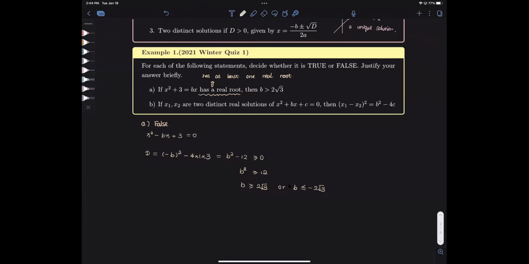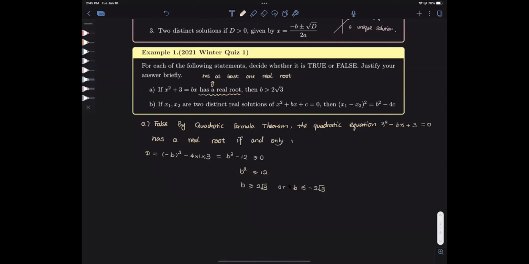You should say, by the quadratic formula theorem, we know that the quadratic equation, which is this, has a real root if and only if the discriminant, D, which equals b squared minus 4ac, is greater than or equal to 0.